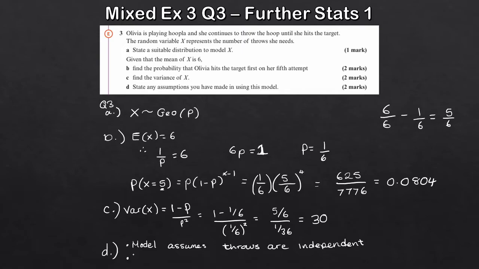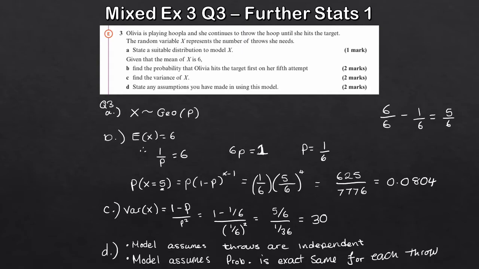And my final point is that the model assumes the probability is the same for each exact throw. So the model assumes the probability is exactly the same for each throw.